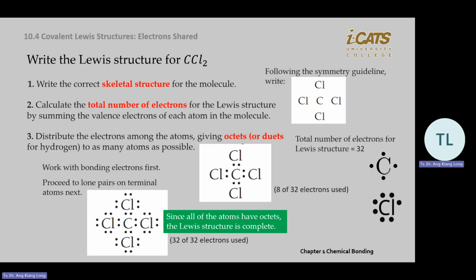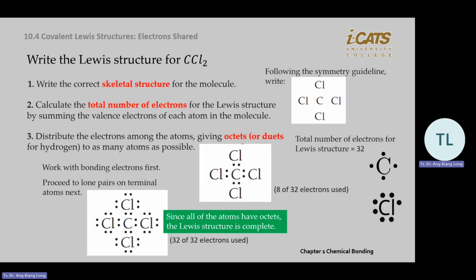Okay, got 4 bonding pairs. How many lone pairs? Lone pair. This one becomes 2 outside one. You count as 1. So got how many? One element has 3, right? So you got 4. So you have 12 lone pairs.